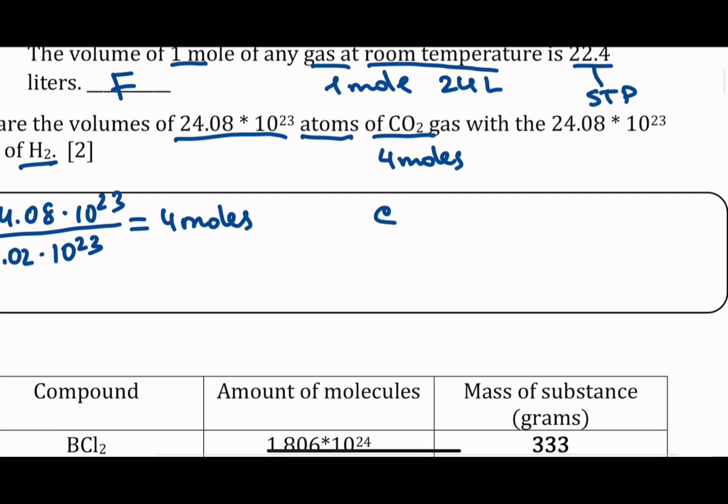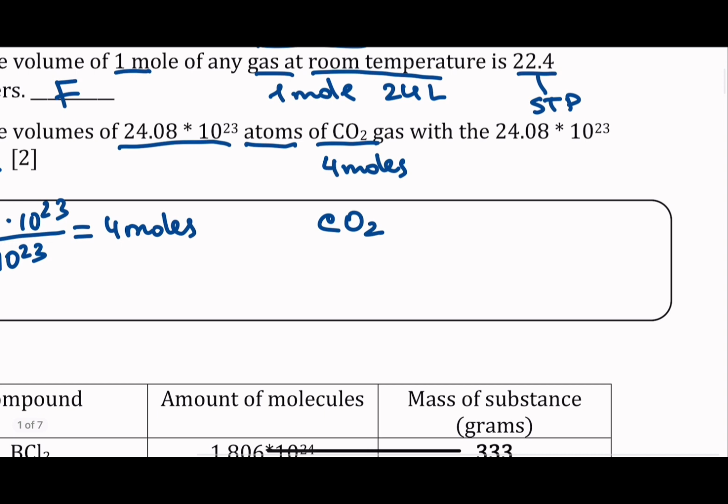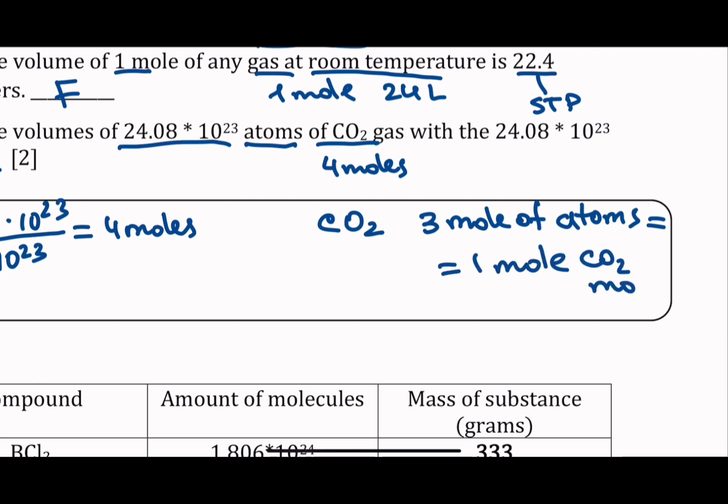Since CO2 is made from 1 carbon and 2 oxygen, there are 3 atoms. So these 3 moles of atoms give you 1 mole of CO2 molecules.